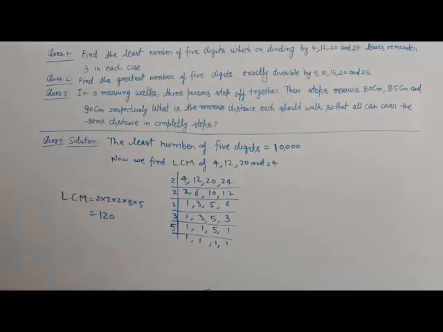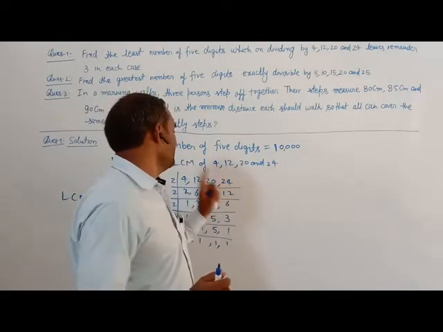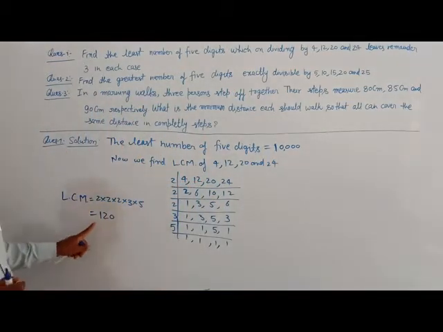So 120 is divisible by 4, 12, 20 and 24.